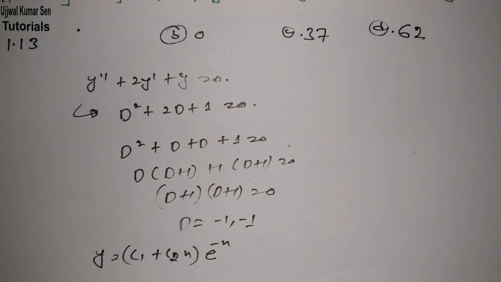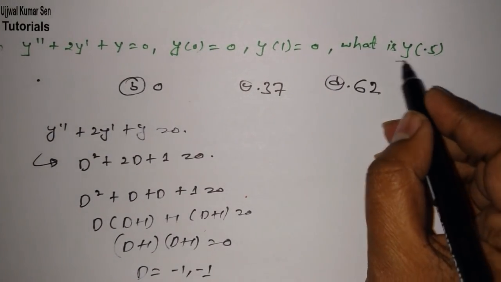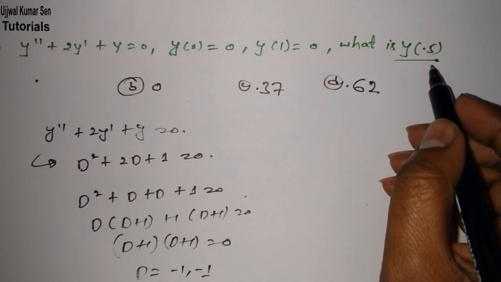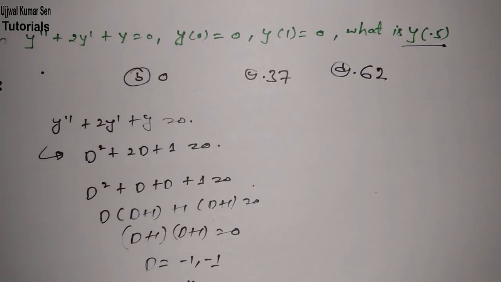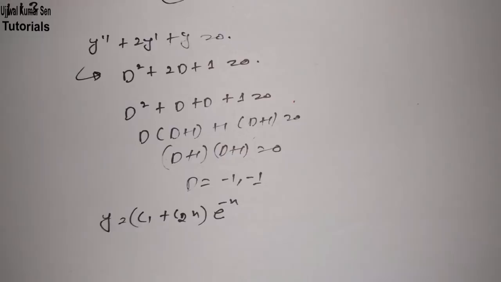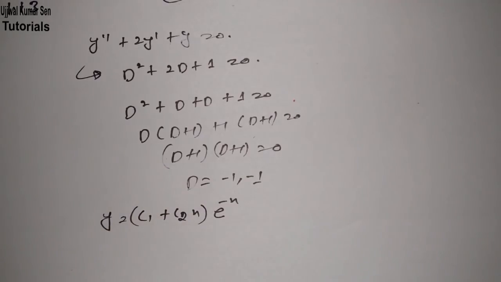Now what we need to do is find the value of y(5) in this case. So we have to go further in this equation. Only knowing this will not help you. That's why I have taken this example, because in GATE it is a little rare that you will get a question that is only formula based.